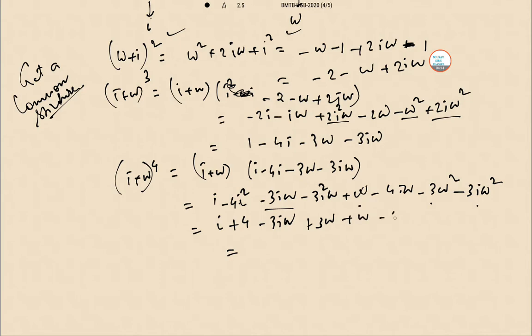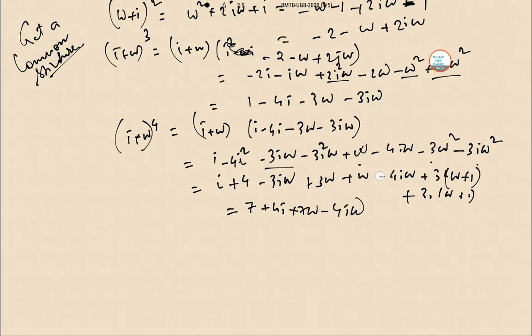Plus omega minus 4i omega, and plus 3 into omega plus 1, and 3i into omega plus 1. So 7 plus 4i plus 7 omega minus 4i omega.